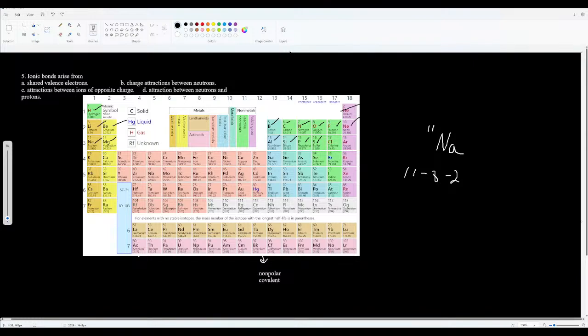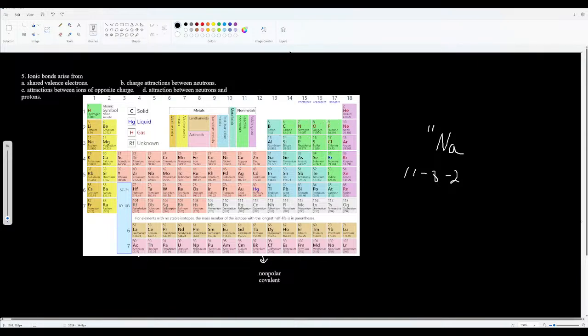So that's how we calculate the number of valence electrons. But once again, the only ones you really need to know how many there are and how many bonds they can form are carbon, nitrogen, oxygen, and hydrogen. But in the case of ionic bonds, which we're talking about now, we have to focus on these ones over here, and these ones over here, most likely.